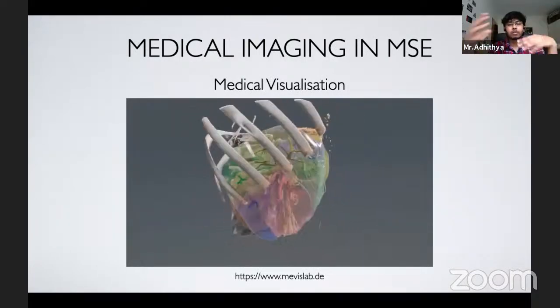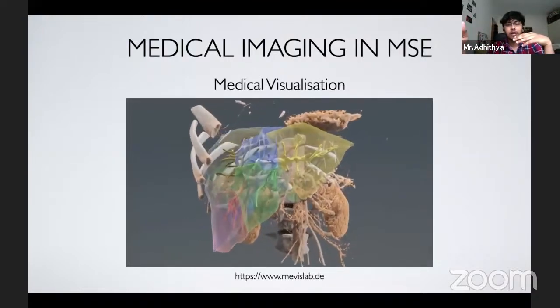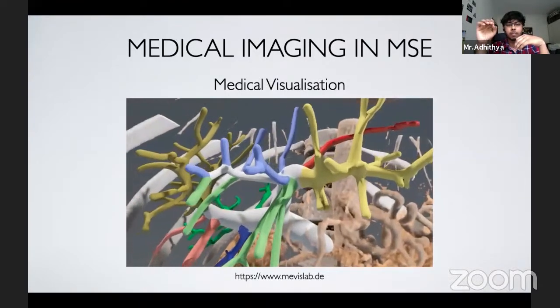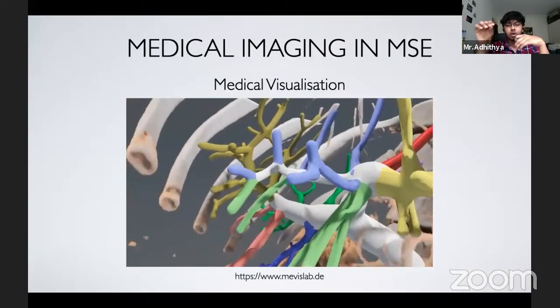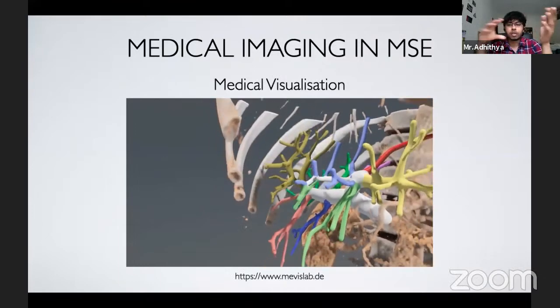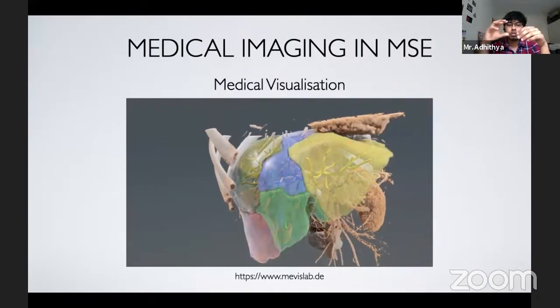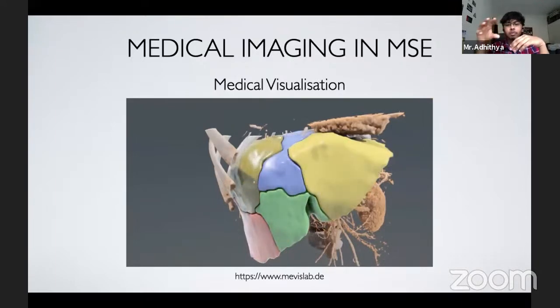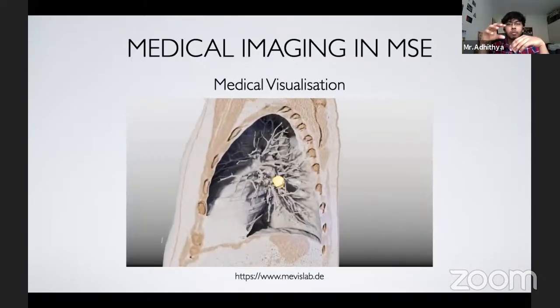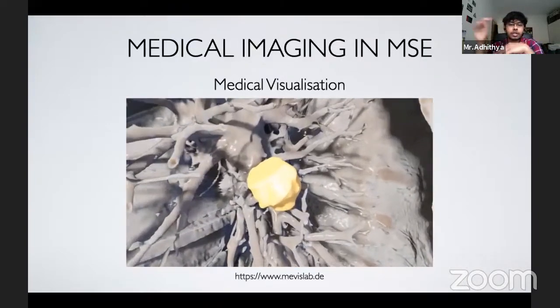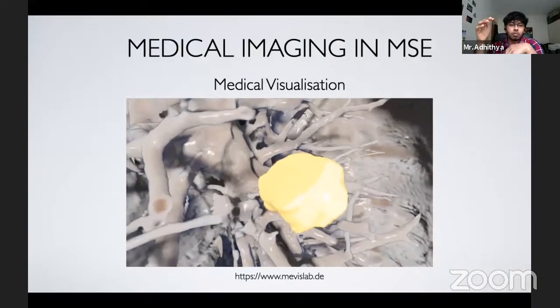Whenever you have a 3D model from your scan data, you can visualize internal structures such as blood vessels and other organs. We can color code these blood vessels, and we can see how close a blood vessel is to an important organ or target, and the extent of the growth of the tumor or mass.